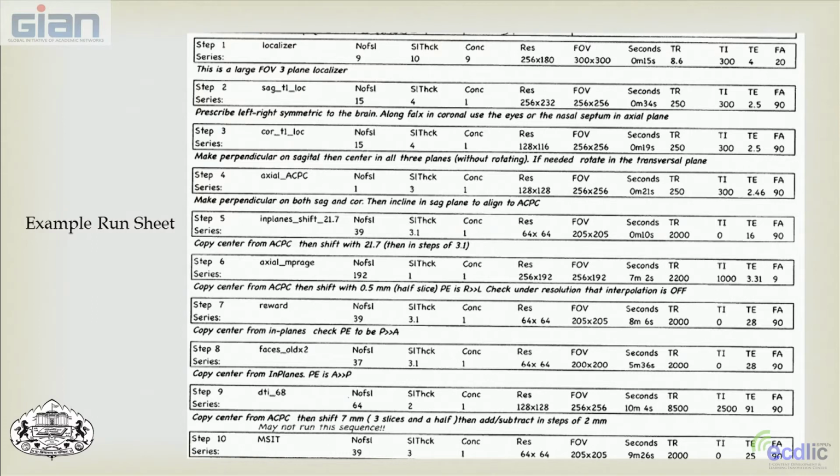Then we go on to do our reward task, or that guessing task that I showed you when they're guessing the number on the card. That is an 8-minute and 6-second task. Then we do our faces task, and it's actually 5 minutes and 36 seconds. When I told you it was 5 minutes and 30 seconds, what I didn't tell you is the first 3 images that are collected are, we call them dummy images.